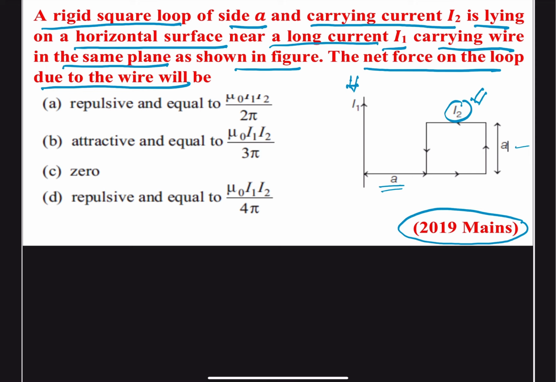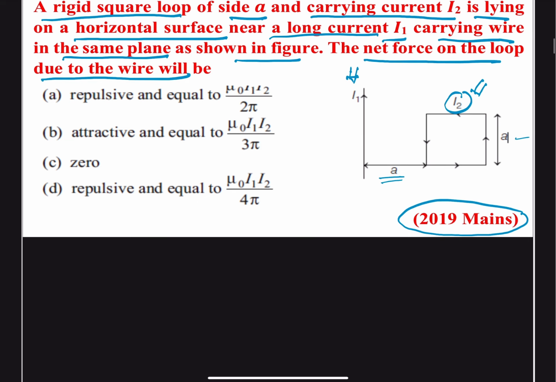And because of this current I1, we can easily find out the magnetic field on this square loop. The direction of the magnetic field will be into the plane of the paper.